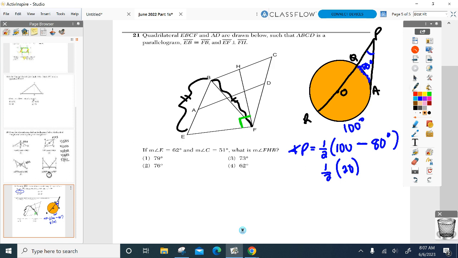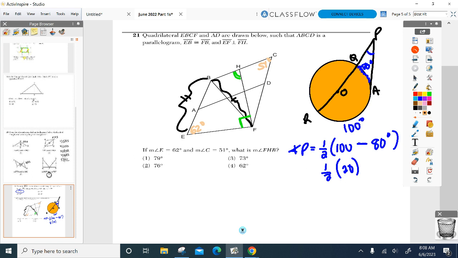All right, angle measures now. 62 degrees for angle E. Angle C is 51. All right, where do we need to get to, guys? Angle FHB. So I got to get to that angle right there. Also, it just says it's a quadrilateral, not a parallelogram, so no properties here.